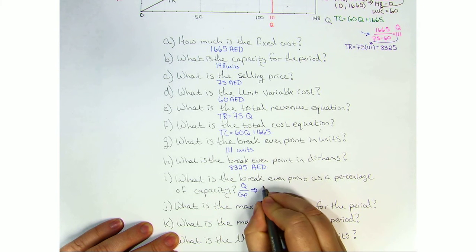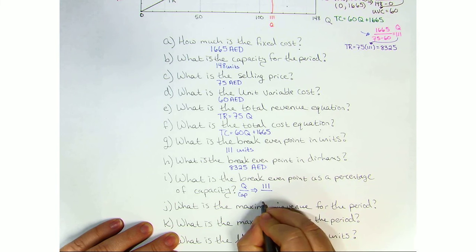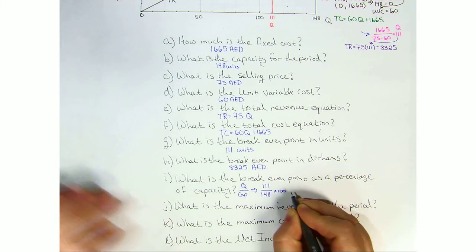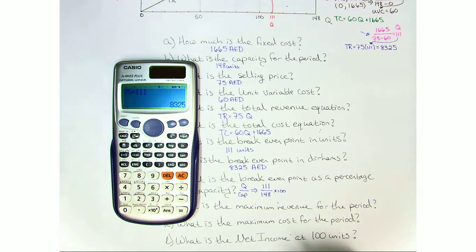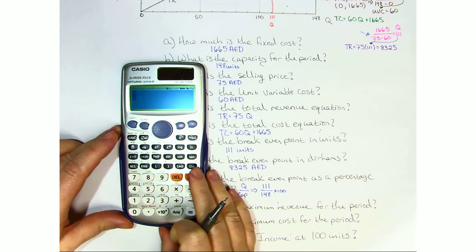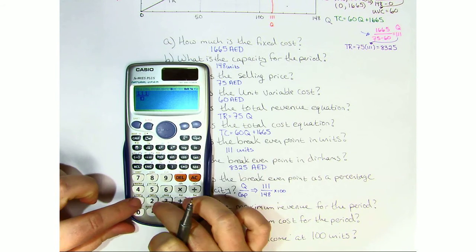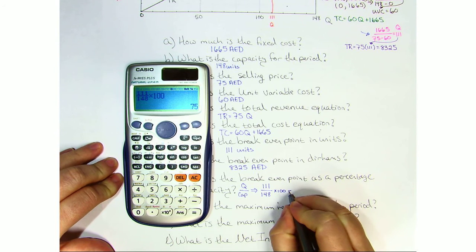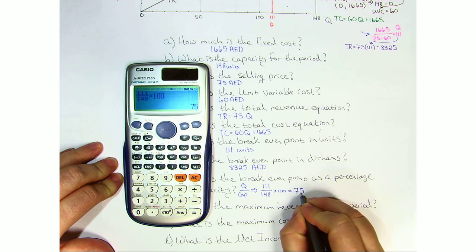So the quantity we found for break-even was 111, and the capacity was 148. We multiply that by 100, and for this we're going to go ahead and get our calculator again. Fraction 111 over 148, and then times 100 to make it a percentage, and we get 75%.